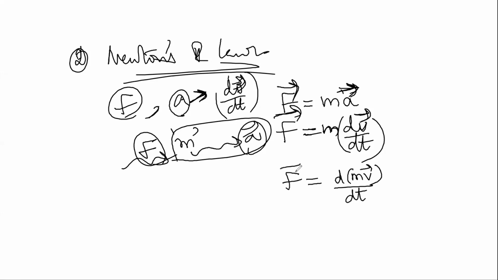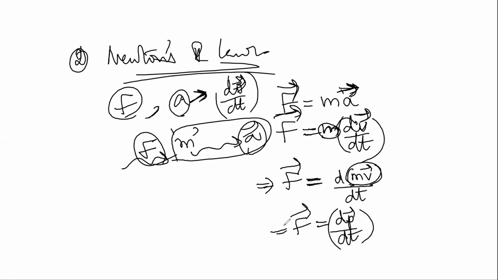This is F bar. F bar is equal to d of mv by dt, right? Because m is constant, I can take it inside. So what is d of mv? mv is momentum. So dp bar by dt. This is nothing but F bar.